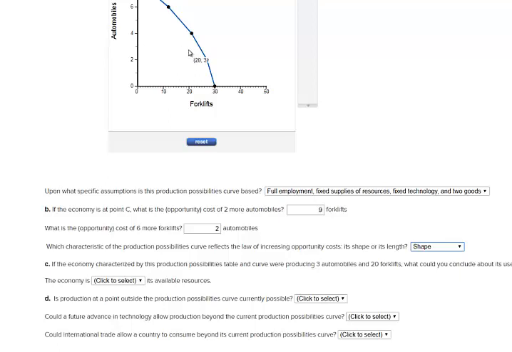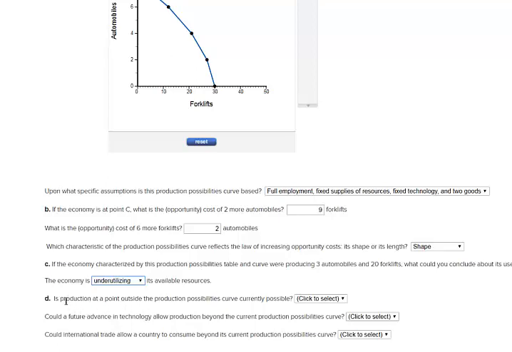So if the point were right here, what would we be doing? So the answer is over or underutilizing. The answer is under. So if you're right here, you're not using all of your resources. Along this blue line, you're using all of your resources. Full employment, fixed resources, fixed technology. Anything less than that is going to cause unemployment. So we're underutilizing.